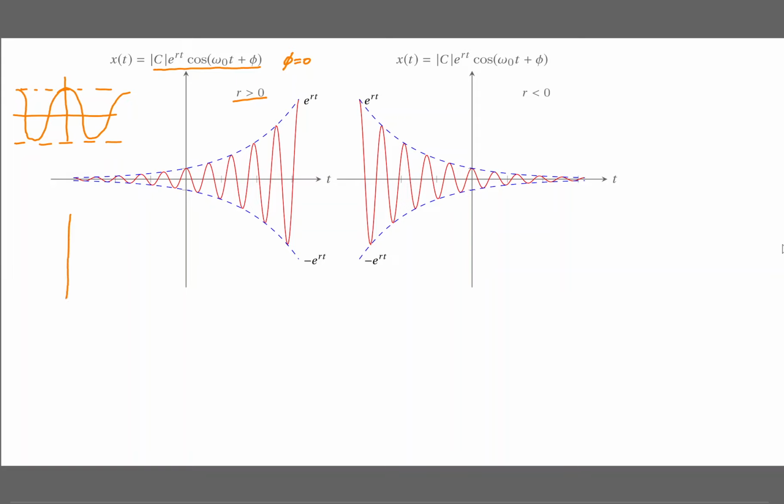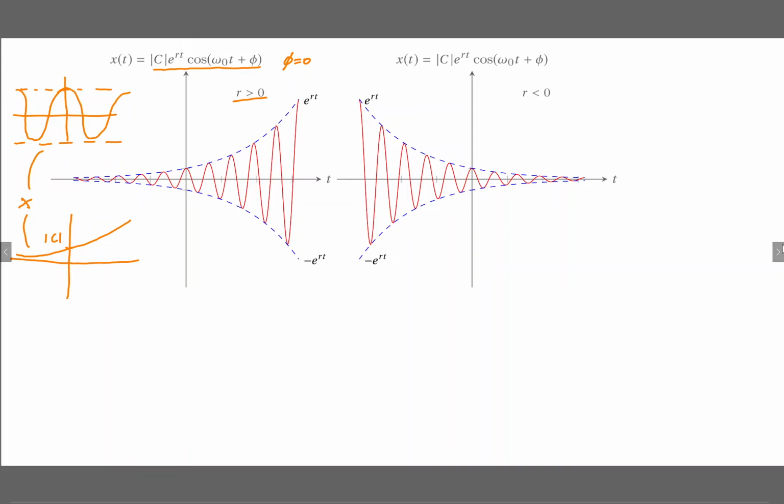So if we draw that part only, when t is equal to 0, the magnitude is actually C. So C here, and it grows like that. But since we are multiplying, sometimes this needs to be multiplied by -1, sometimes +1.